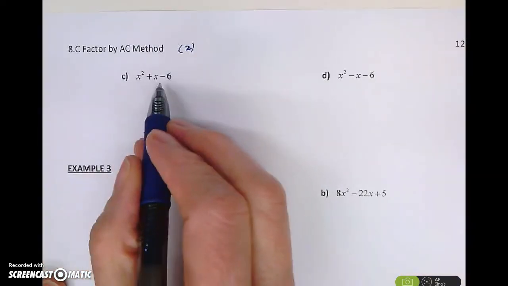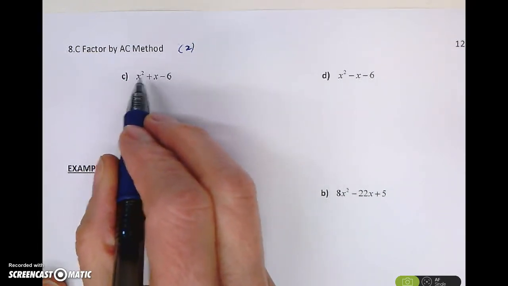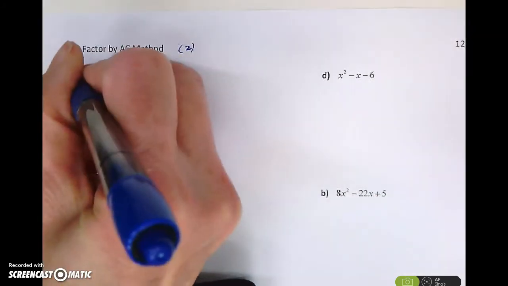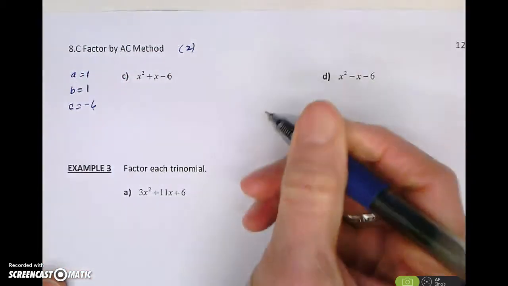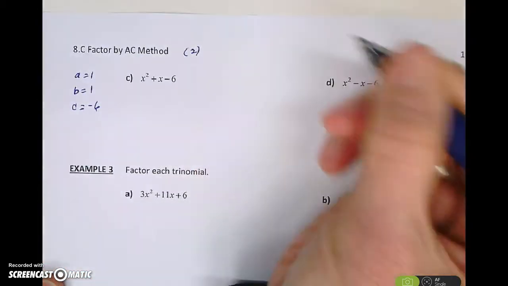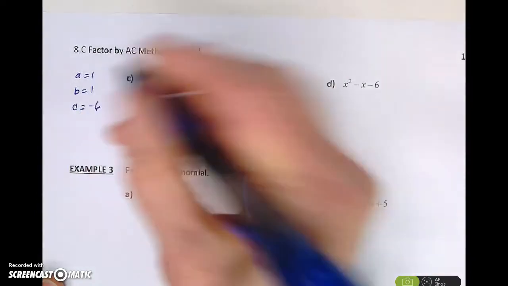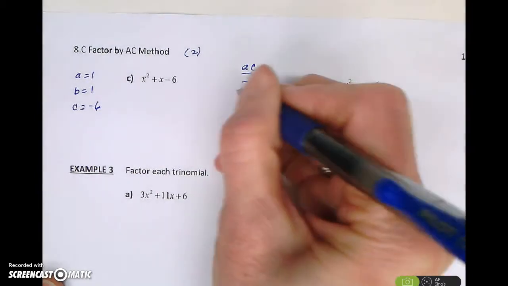For example 2, and this one is in standard form. A is 1, b is 1, c is negative 6. So I'm going to write a 1, b 1, c is negative 6. So when I multiply a times c, I'm going to get 1 times negative 6, which is negative 6.